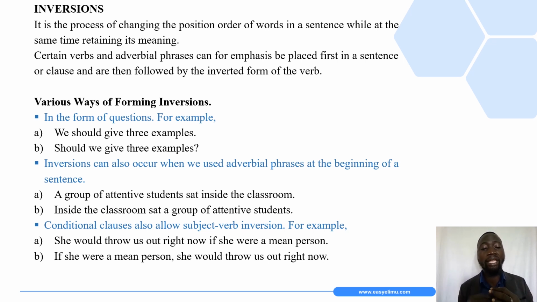Then another way is that conditional clauses also allow the subject verb inversion, that is, changing the position of the subject and the verb. For example, we have a pair of sentences expressing the same thought, just to illustrate inversion using conditional clauses. She would throw us out right now if she were a mean person. The conditional clause here is, if she were a mean person.